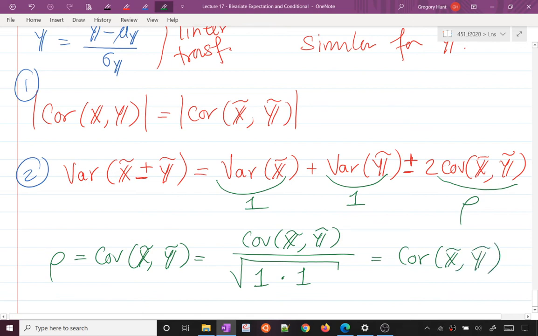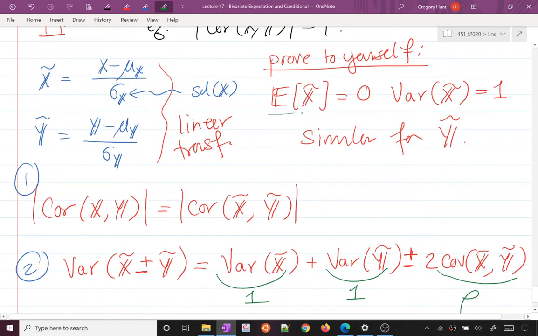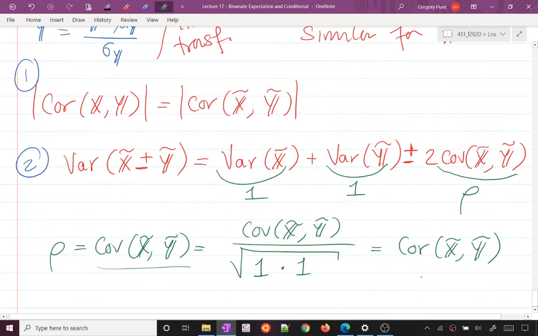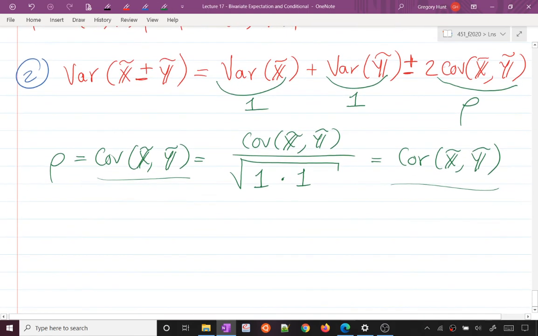So rho here, because I've basically standardized these things, means that my covariance and my correlation are the same thing. My means are 0, my variances are 1, so the covariance and the correlation are identical. And so that's kind of our second fact.